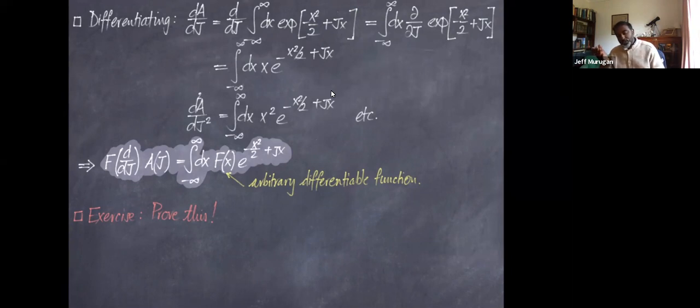And so if I do some subsequent differentiations and I continue with this, I'll find that I can then resum these terms on the left-hand side into any differentiable function, in this case of the derivative operator d by dJ. I'm differentiating with respect to the source.